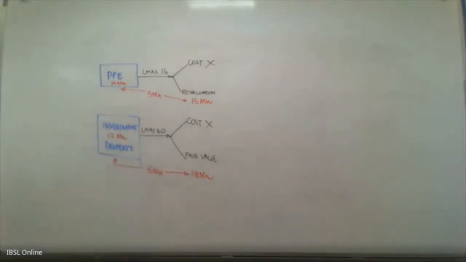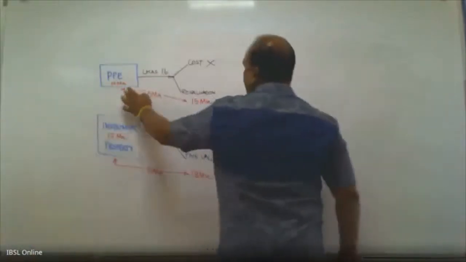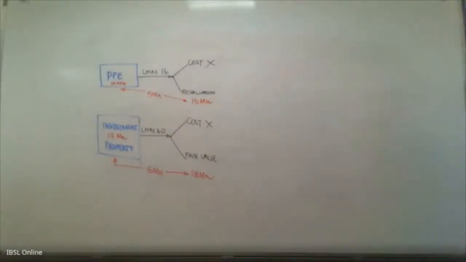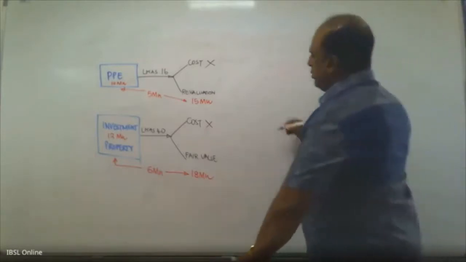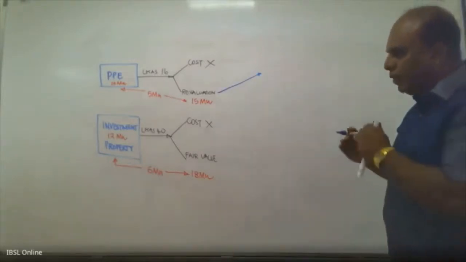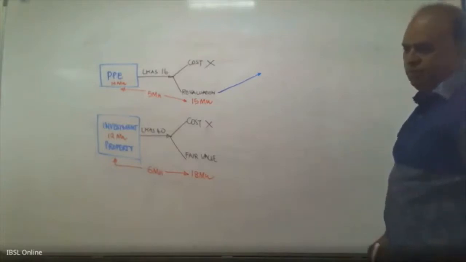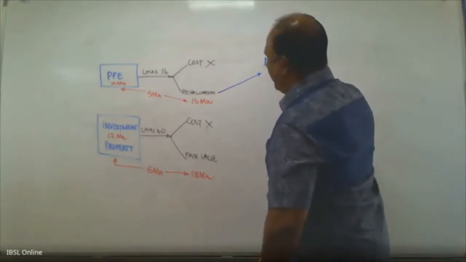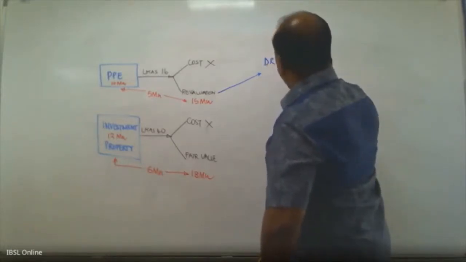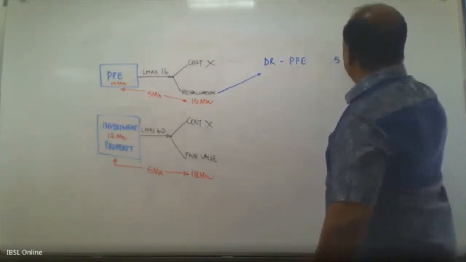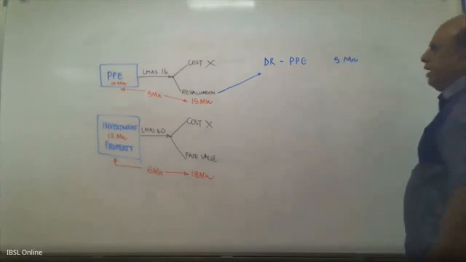Now my question to you is, what will I do when there is an increase of 5 million here? When I use the revaluation model, I have to account for this. So what do you do? The value has gone up by 5 million, so I have to account for it. I will debit PPE or the building account by 5 million. And where will I credit?